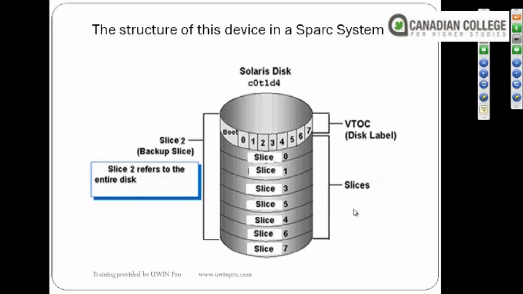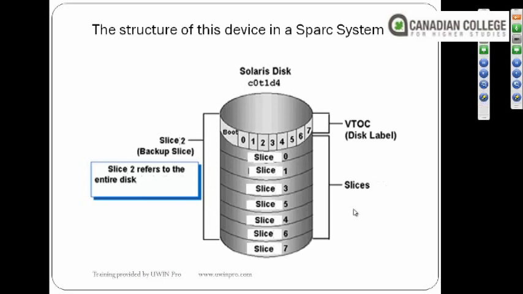The whole thing is the Solaris partition, and the Solaris partition has 8 slices. What is normally saved in slice 0? The operating system, the root file system. Slice 0 is normally the root file system.